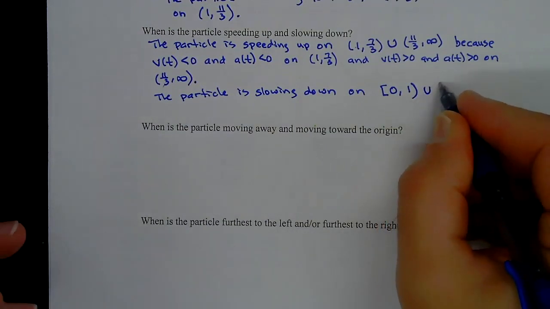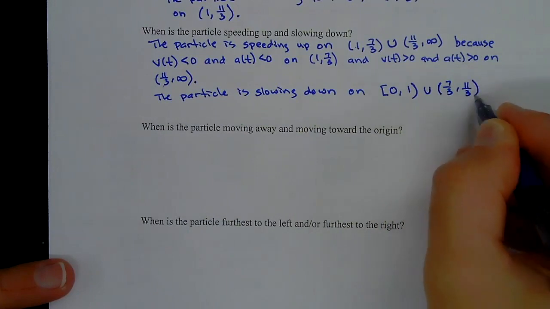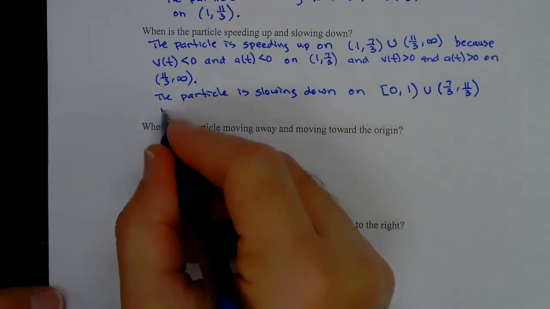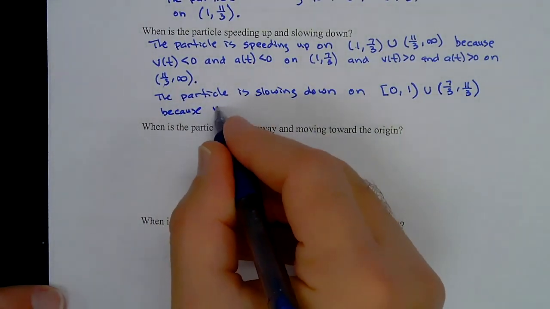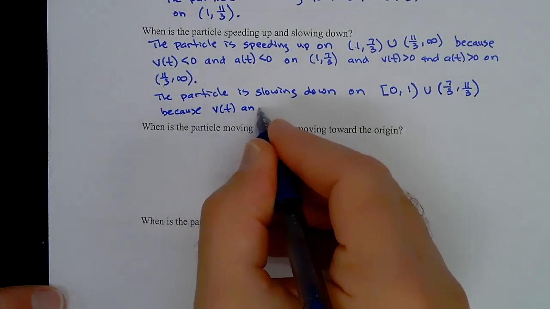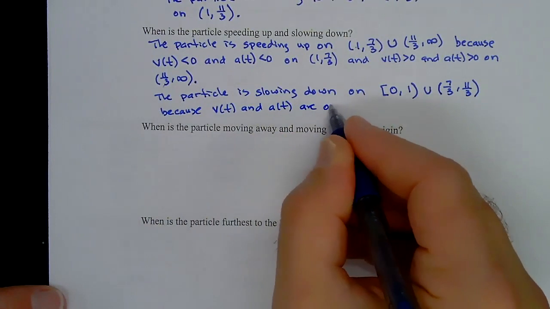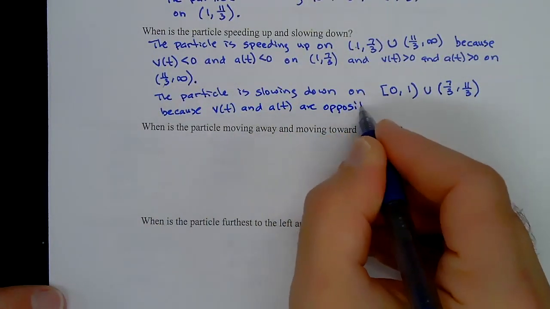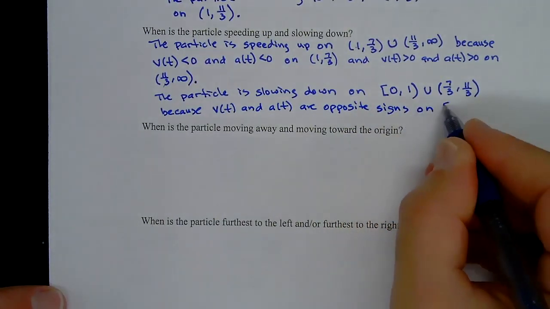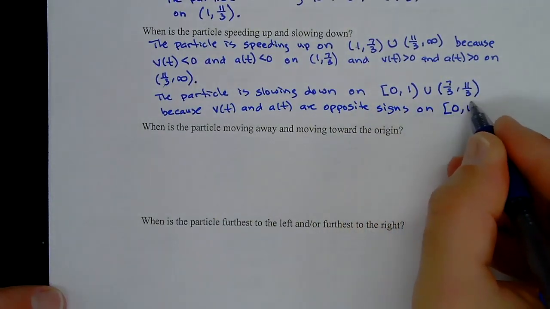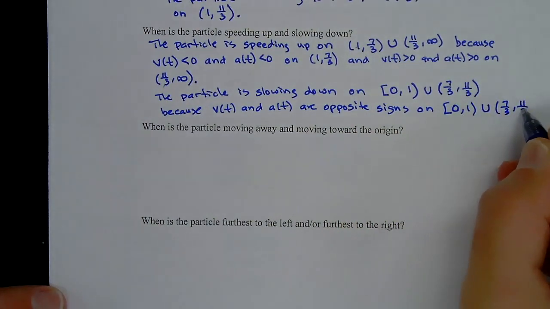Union, and then we would say 7/3, comma 11/3, parenthesis. Okay. Because, and this is what we would say, v of t and a of t are opposite signs on 0 to 1, and then union 7/3 to 11/3.